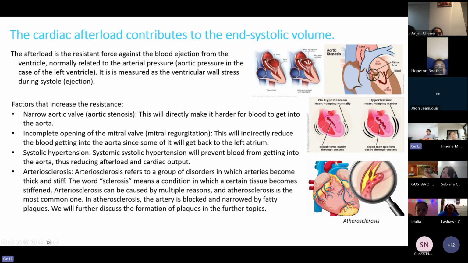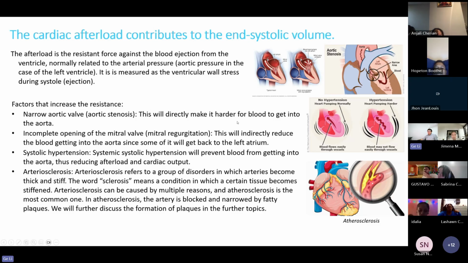This is called regurgitation, or mitral regurgitation. So this will dramatically reduce the capability of the heart of pushing blood into the aorta, because it reduces the pressure inside the left ventricle.